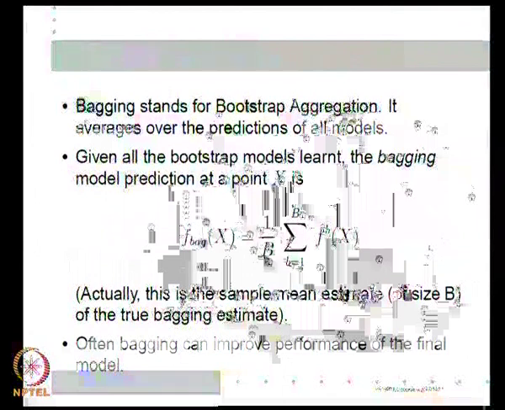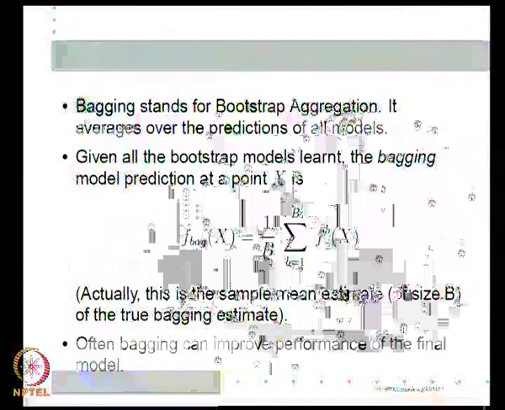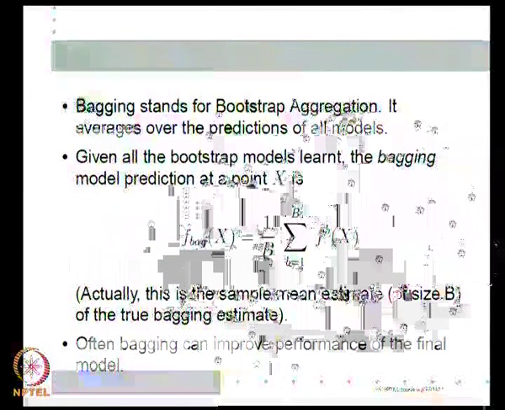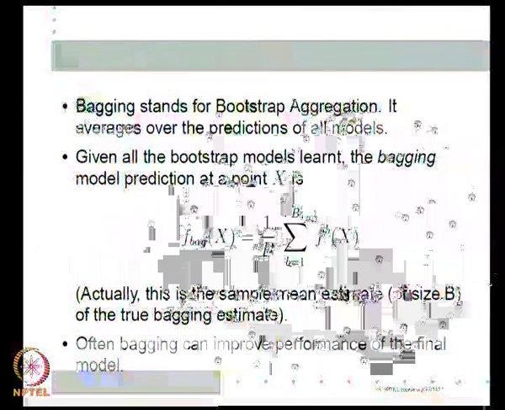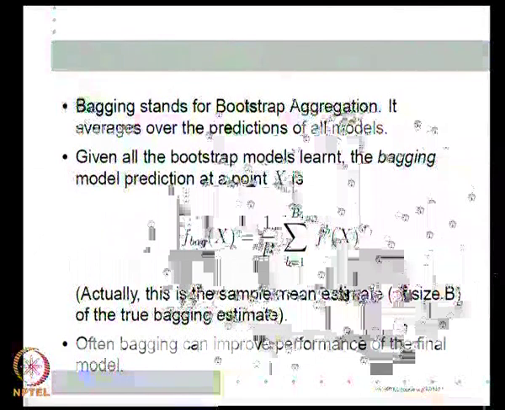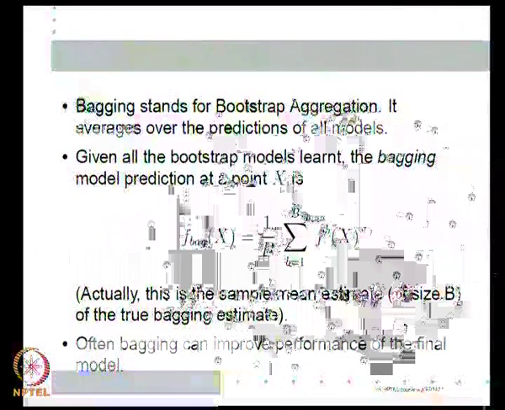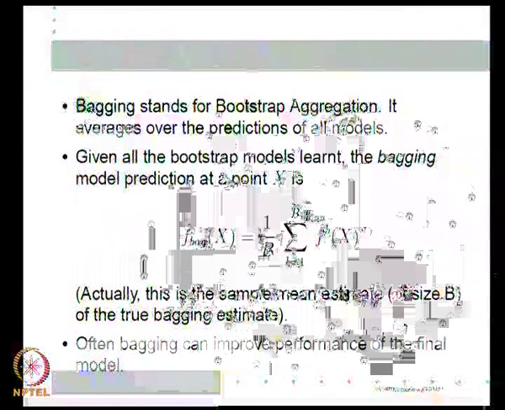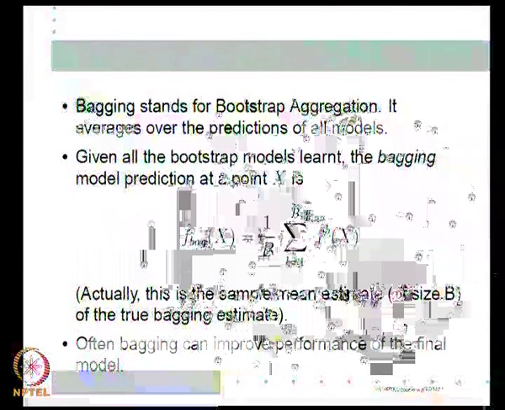There are various ways of doing this, but roughly at this point of time simply say average. For regression models, average is what all of us think of as average, a true average, because you are predicting a real number. For classification, currently average simply means majority. You look at all the predictions and take the class label that is output by the majority of your models. That is what averaging would mean for classification.